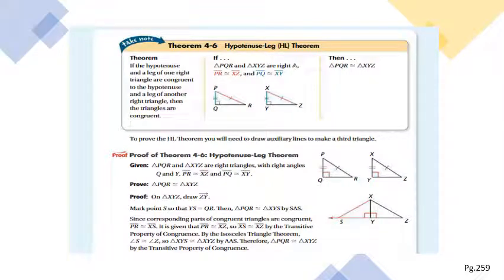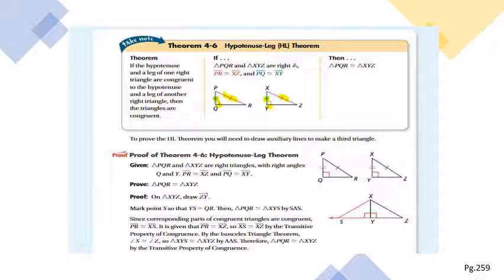What is the hypotenuse leg theorem? We call it the HL theorem. H for hypotenuse and L for leg, of course. So let's see here. Theorem 4-6. If they give you that the hypotenuses are congruent and one pair of legs is congruent and one pair of right angles is congruent, so we can say that the two triangles are congruent.